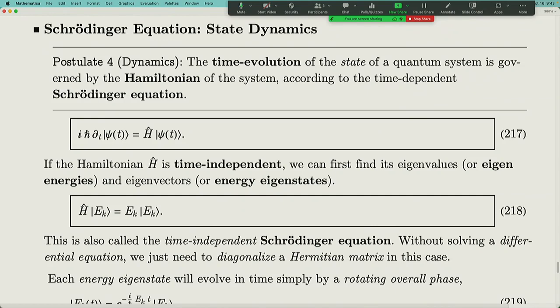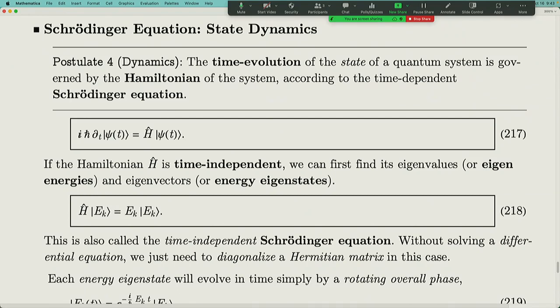And then you can further apply time evolution on that collapsed state and evolve it forward, and predict what will be the future of the state. So you can just continue using the dynamics and measurement, postulates number 3 and number 4, which correspond to 2 fundamental processes in quantum mechanics, measurement and time evolution. That's the 2 things I want to talk about.